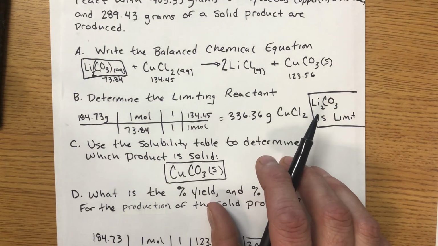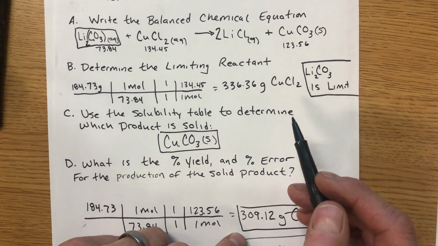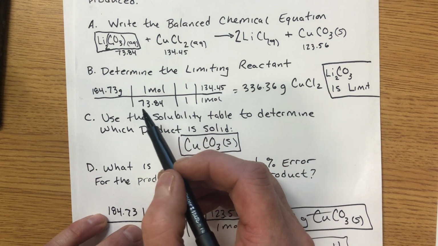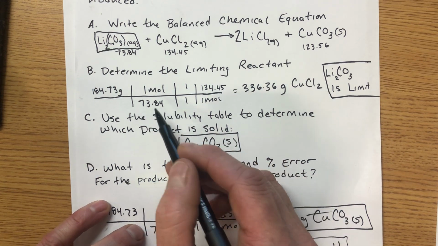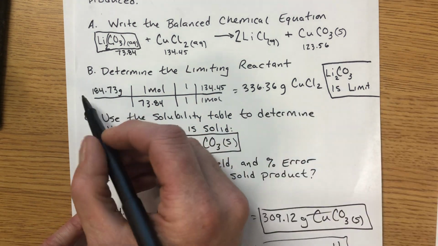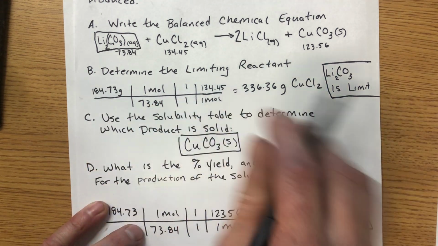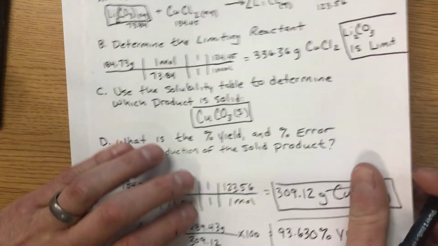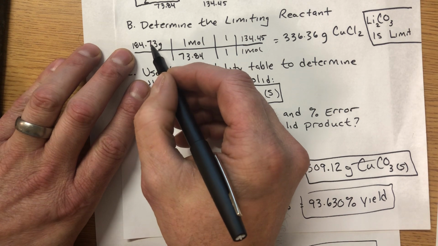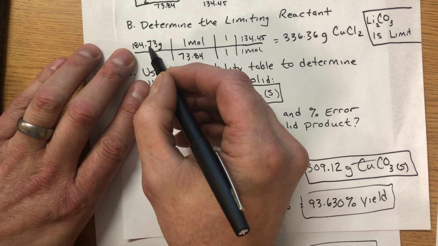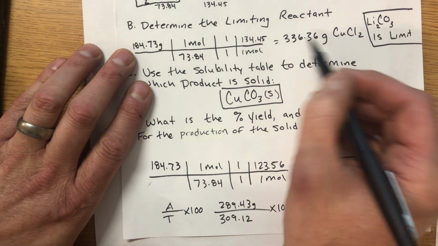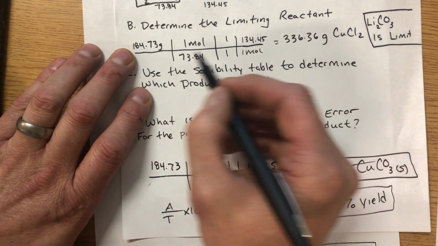Luckily, we've actually done this problem in the determination of our limiting reactant, and it can work out this way sometimes. So here I would be doing this same exact dimensional analysis problem right here. We're looking at the entire amount of limiting reactant that's going to get used up, and we're going to see how much of the copper 2 chloride makes that happen. And that is lucky that we've already done that here.